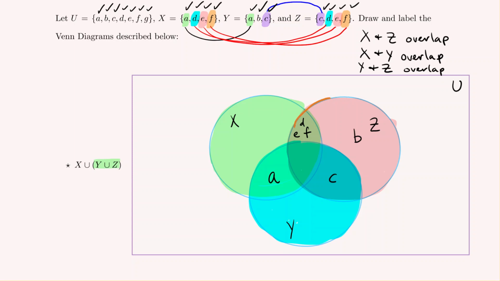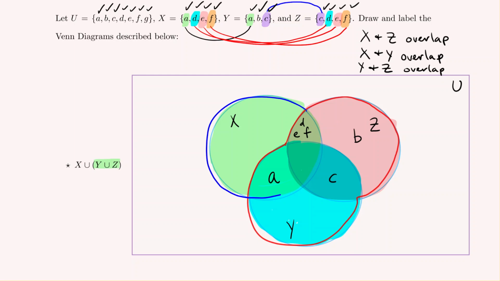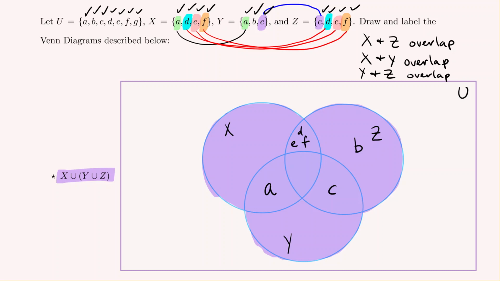So the union of Y union Z, which is in red, combined with X would mean everything in all of the sets combined together, and that would give us this overall section here. All three of the subsets represented by our circles in the Venn diagram. So the section of the Venn diagram that represents X union Y union Z is shaded here in purple.